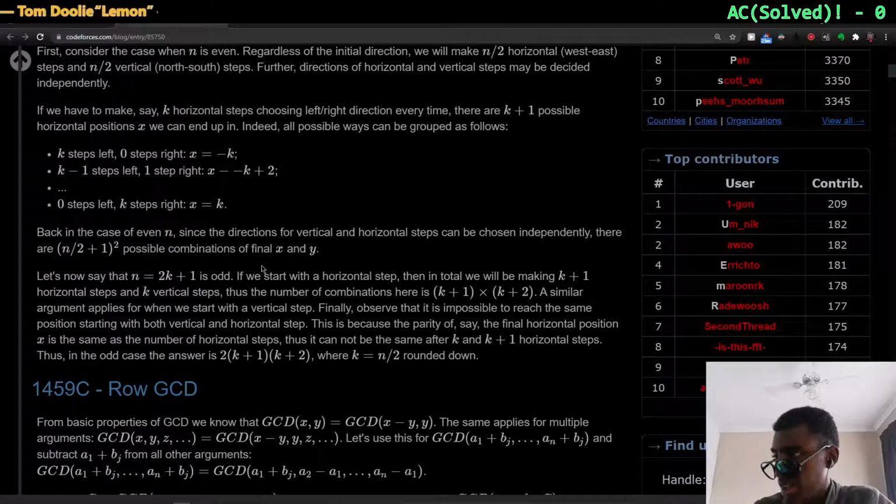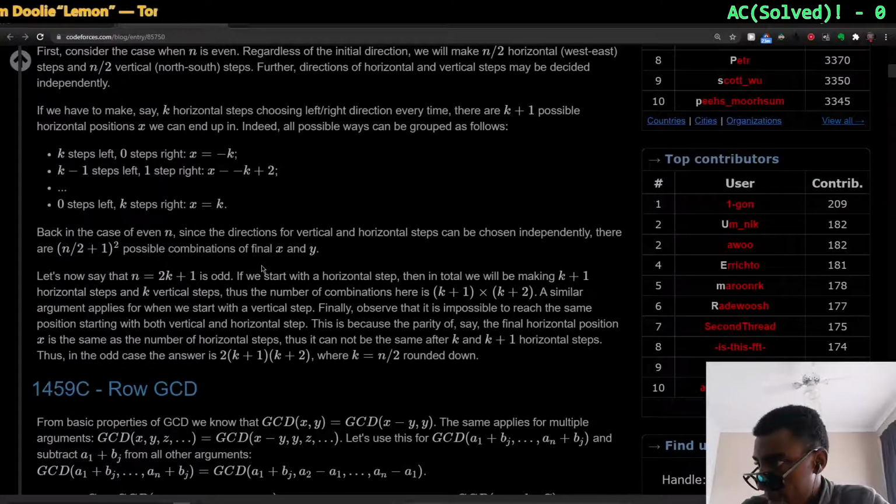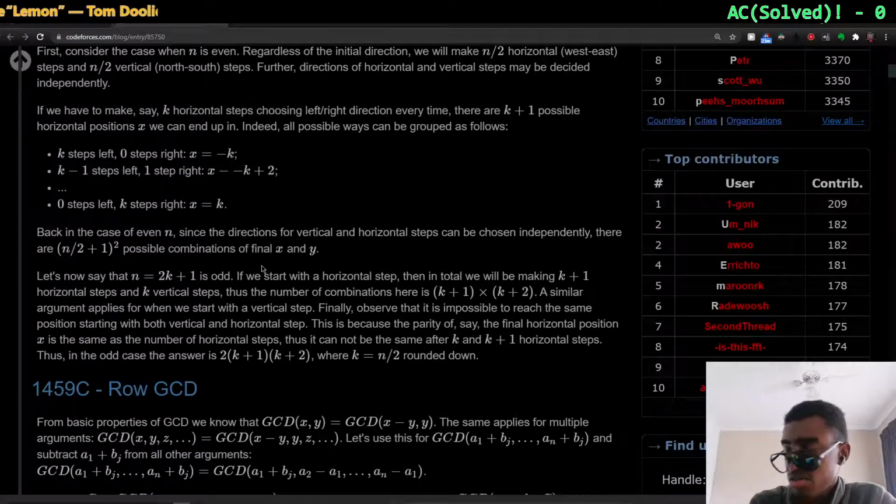So I multiply that answer by 2 because we have different outcomes for a started horizontal or vertical step. And then k is obviously rounded down to create the pairing of 2k plus 1 is equal to n.